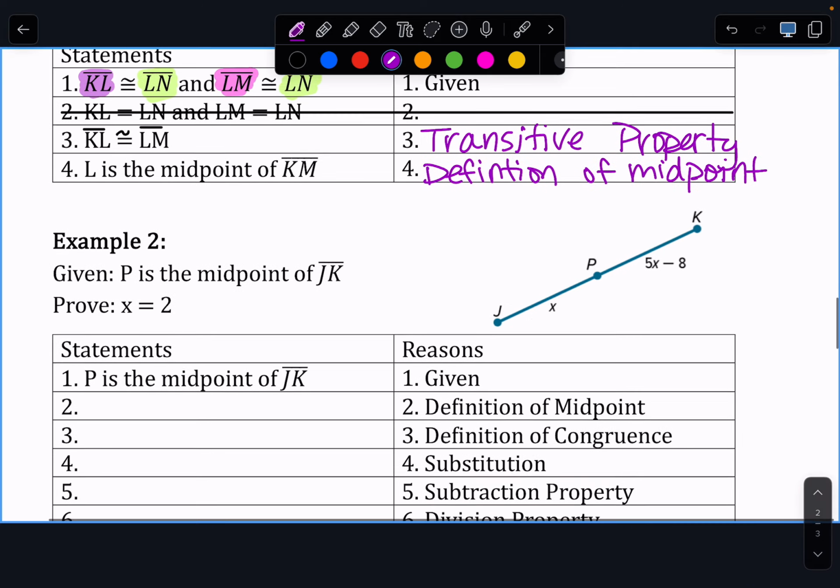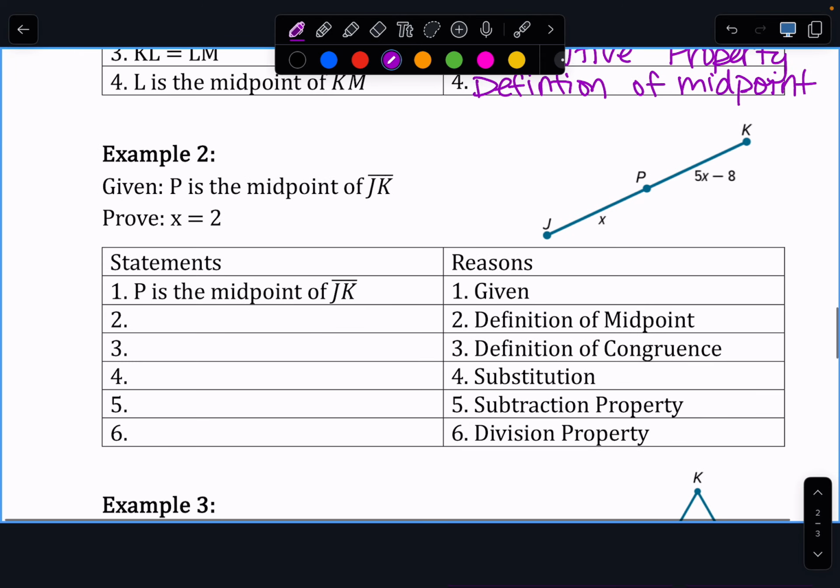Okay. Now, oh no, now we have the other way where we need to figure out the statements.